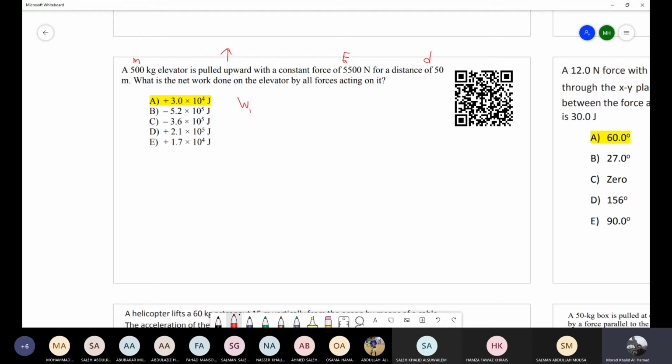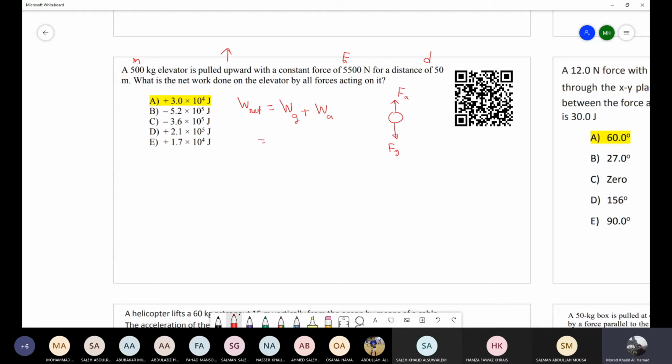He is looking for the net work. Okay, here is the elevator. We have the gravitational force, and upward we have the applied force. So net work is equal to the work due to gravitational force plus the work due to applied force.